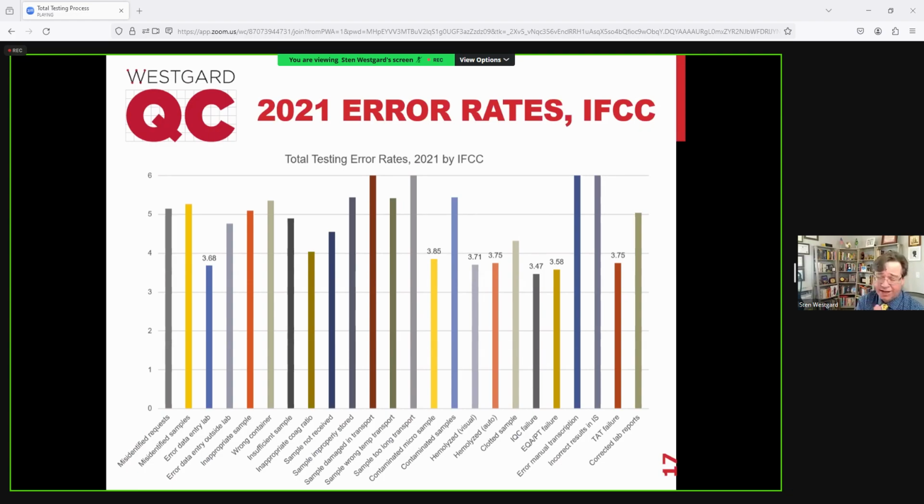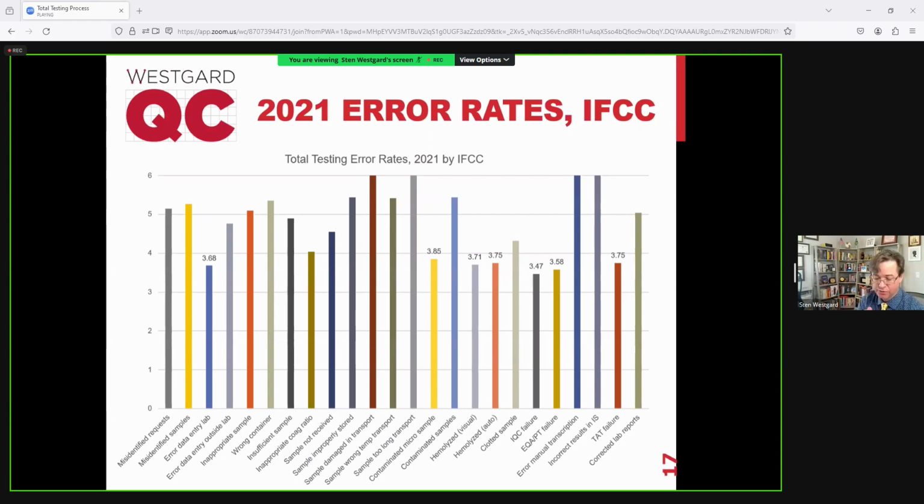So we've had a 2014 look that said QC and EQA were the lowest performing, most error-prone processes across the total testing process. What about 2021? The two lowest performing processes, IQC and EQA or proficiency testing.